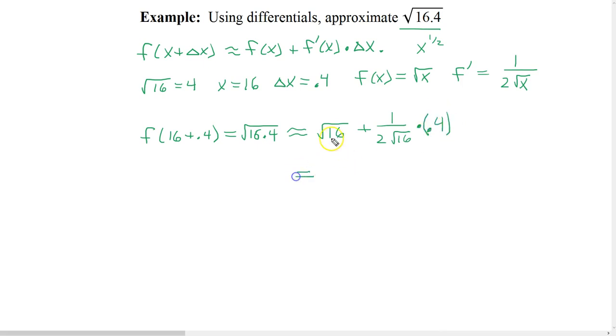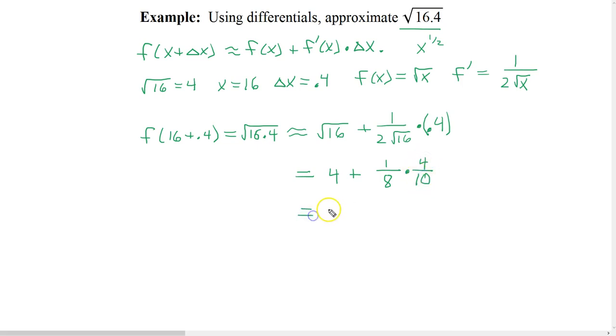And now evaluating the right-hand side, we get 4, plus 1 over 2 times the square root of 16, which is 4, so 1 over 8, times 0.4, which is 4 over 10.